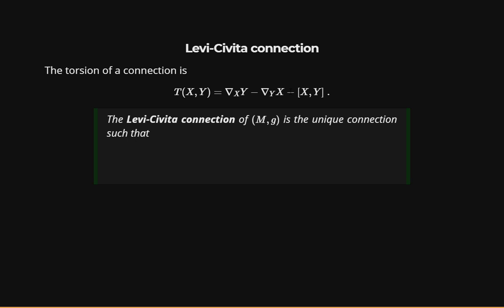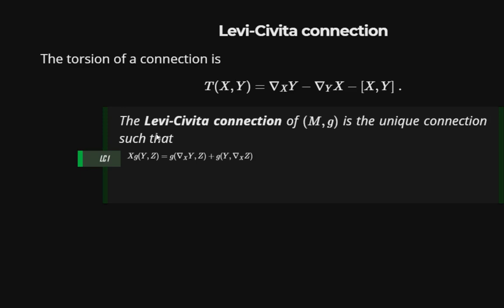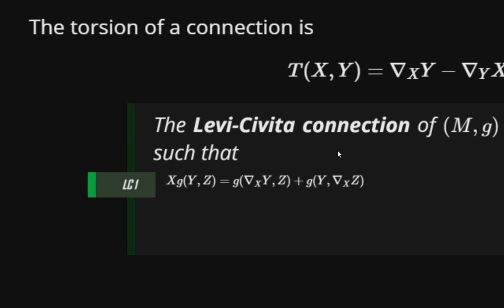The Levi-Civita connection of a Riemannian manifold (M, g) is the unique connection such that the relation we wrote down before holds, so the connection is compatible with the metric, and it's torsion free.